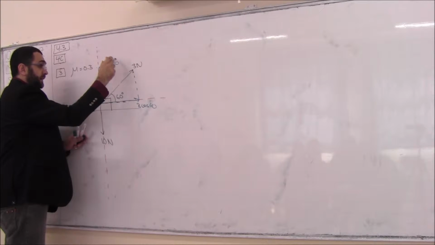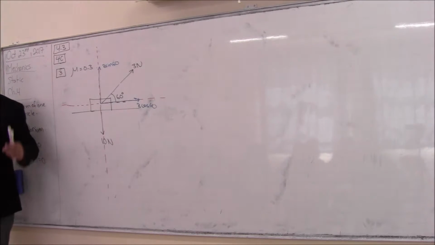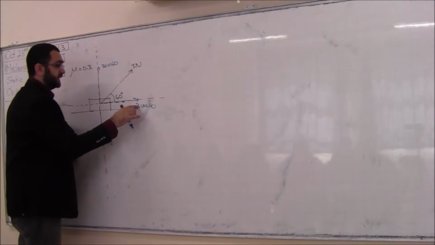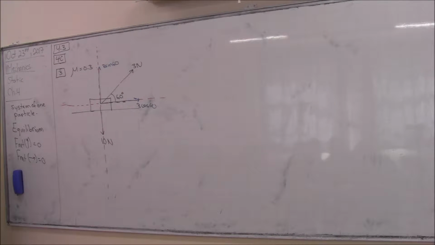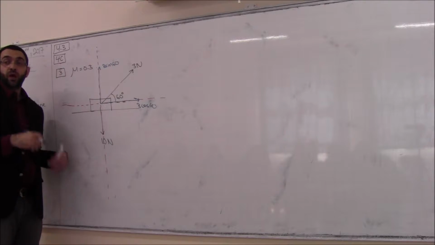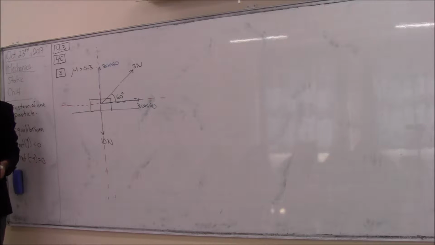Why? Because the angle is given with the horizontal, so the horizontal component is 3 cosine 60 and the vertical component is 3 sine 60. Clear?